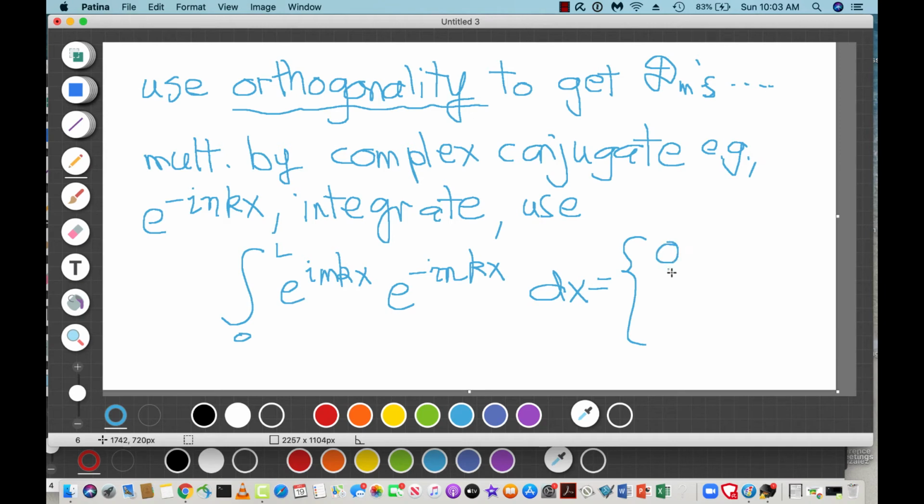It's equal to 0 whenever n is not equal to m, and then it's equal to something when it is. And I didn't look up what the something is.